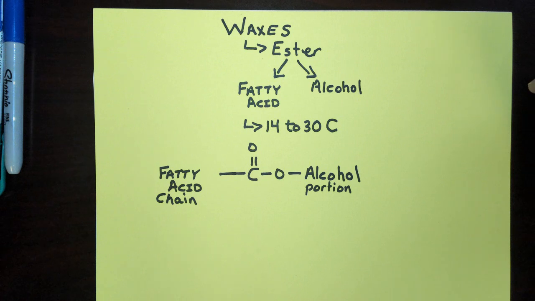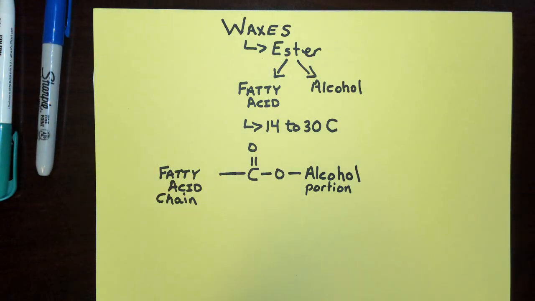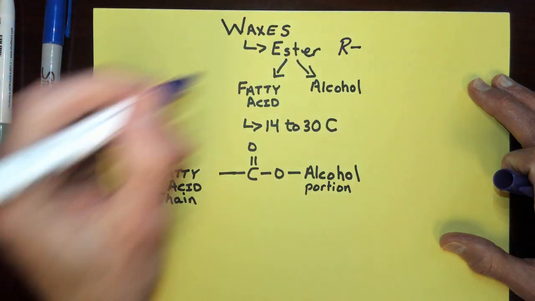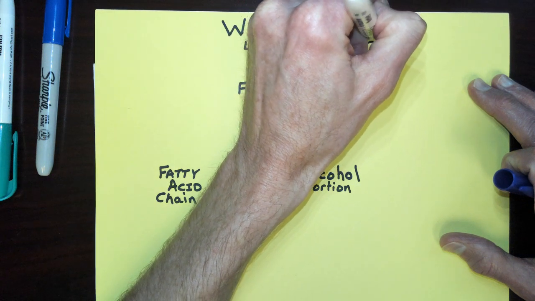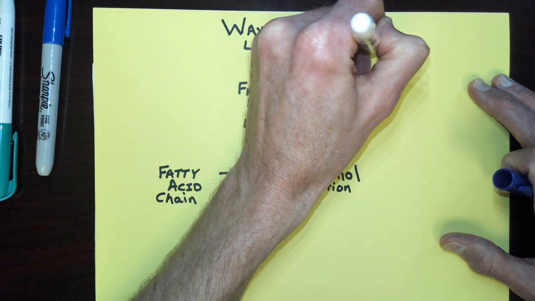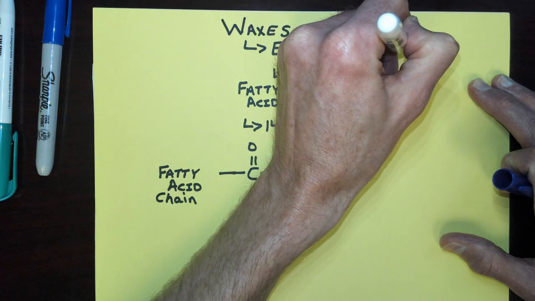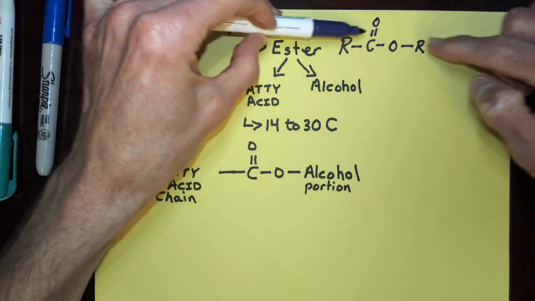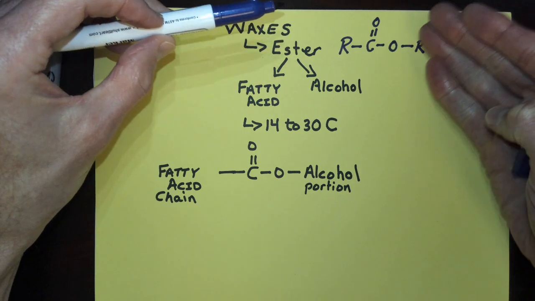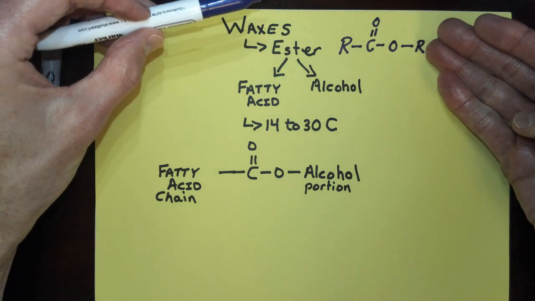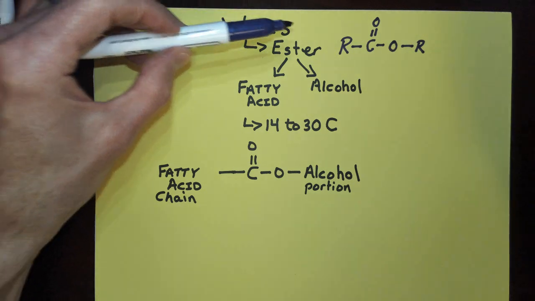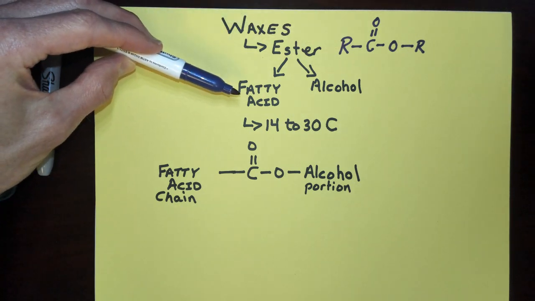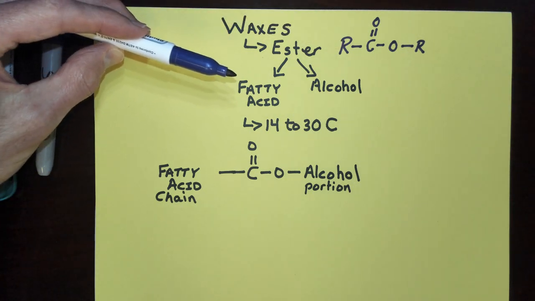They are esters, and remember that esters have the appearance of R, and then they have the C double bonded O, the carbonyl, and the additional O. So there's the ester, and on this side the R is derived from an alcohol, and from here the R is derived from a fatty acid, so a carboxylic acid.